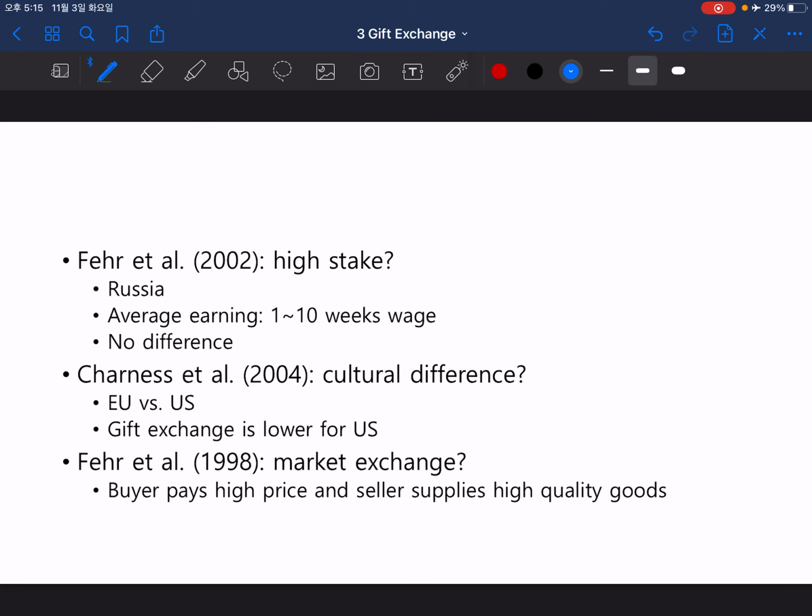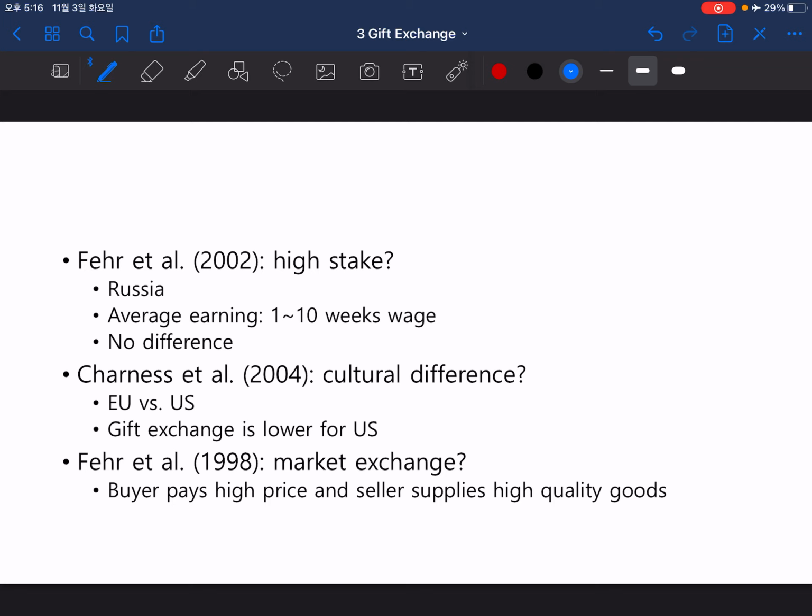This paper by Fehr and co-authors asks, again, a question about stake size. Many people asked: in the laboratory, when we run experiments, we find intrinsic reciprocity because the stake size is small. It's just maybe a $5 or $10 stake, so it's too small, and maybe this is why individuals reciprocate.